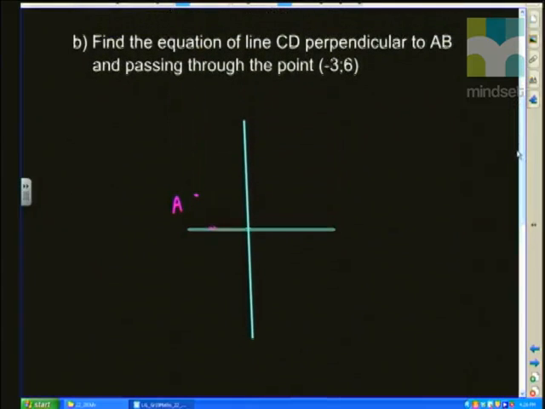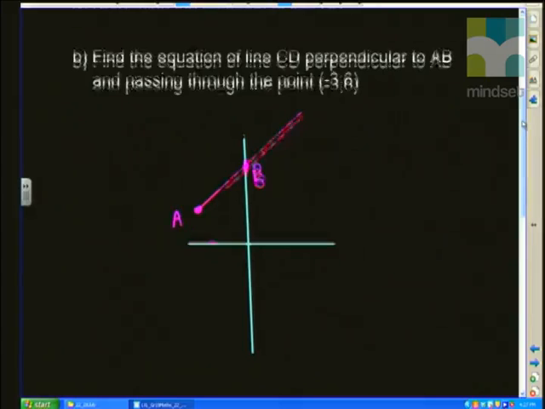So the X value is 0, the Y value is 3. That will be on your Y axis. And we can just join those points up. All right, and we'll call this one here point B. And we are asked to find the equation of the line that passes through those 2 points.